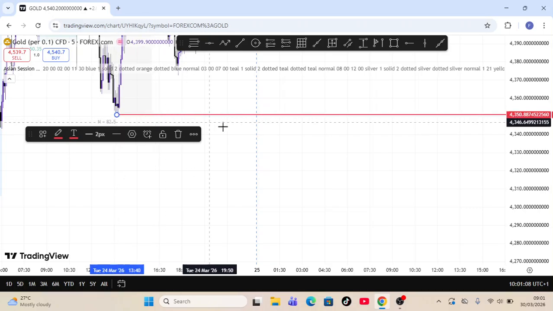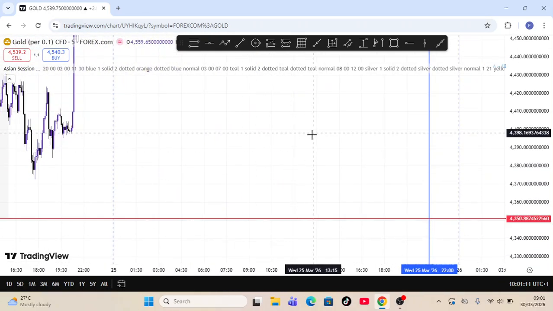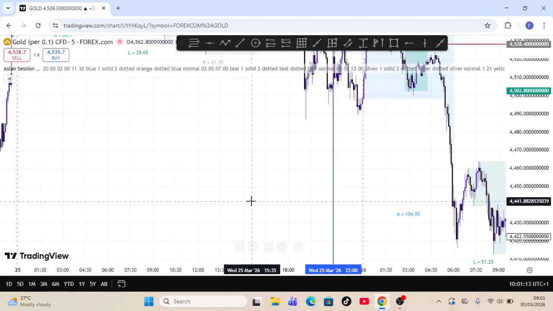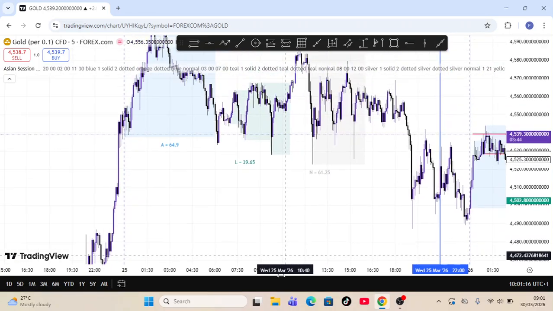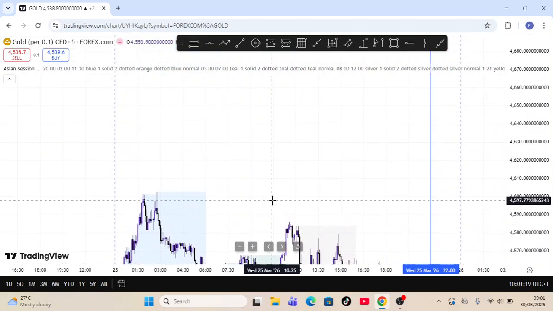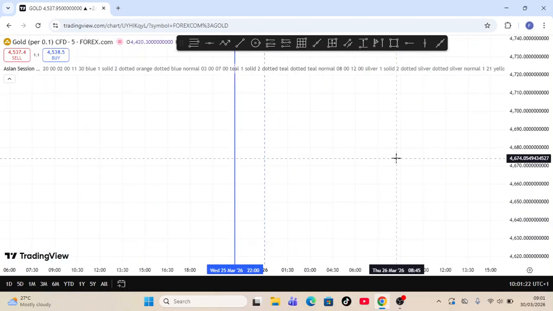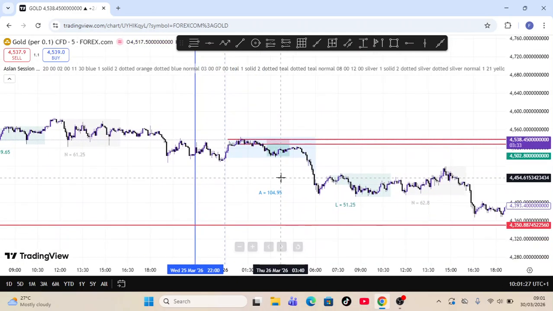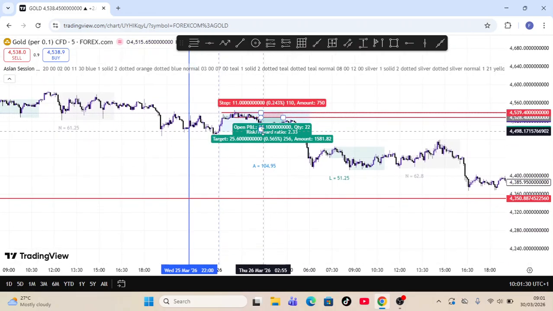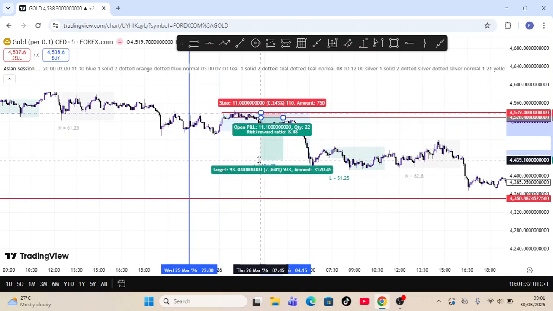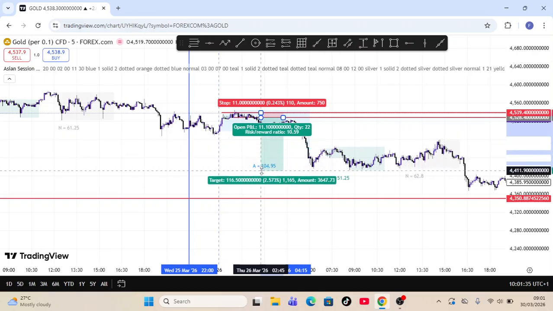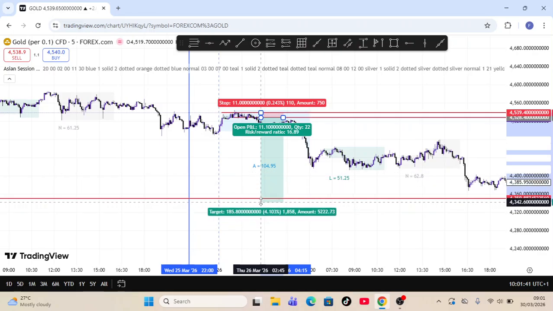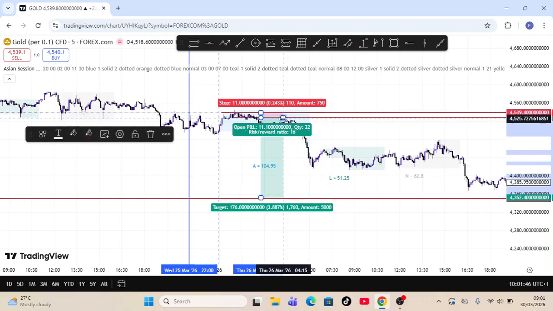So I was targeting that one, which gave me a 1 is to 10. And I was okay with it. But if you had targeted the other one, it would give you 1 is to 16.